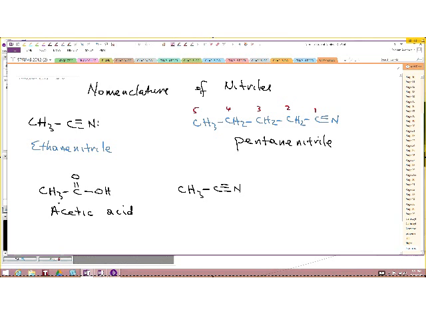To derive the name of this compound, we simply replace the ic of the corresponding carboxylic acid with the suffix o nitrile. So therefore, this becomes acetonitrile.